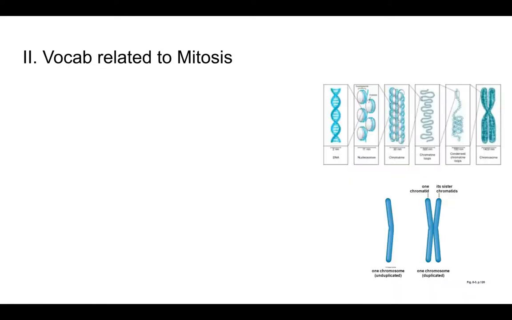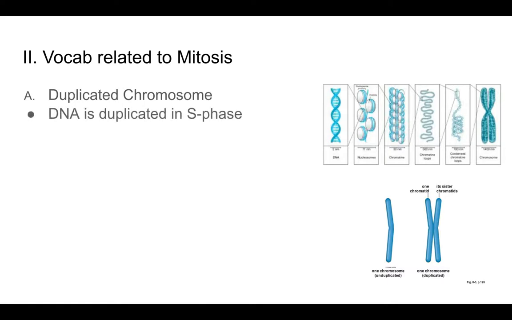the cell cycle. Let's talk about some vocabulary that we're going to use a lot in talking about mitosis specifically, that is worth defining. Okay, so let's talk about a duplicated chromosome. So we know that DNA is duplicated in the cell cycle, specifically in the S phase of the cell cycle.